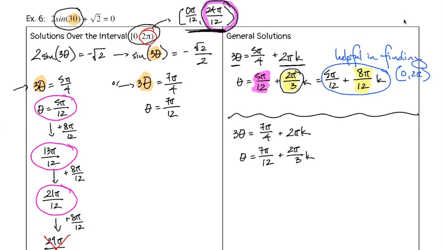Okay, perfect. Now, again, this next part is optional, but I know that adding fractions means I need to have a common denominator. So I like to take care of that right when I'm here. So plus 8 pi over 12. The benefit to writing this is that all I've done is make a common denominator, so it makes all my work for the specific solutions a little bit easier, okay?